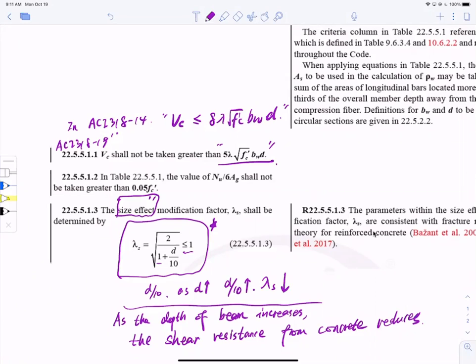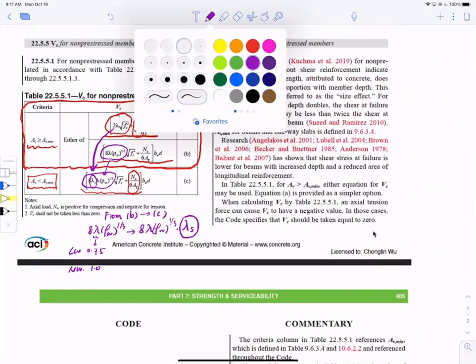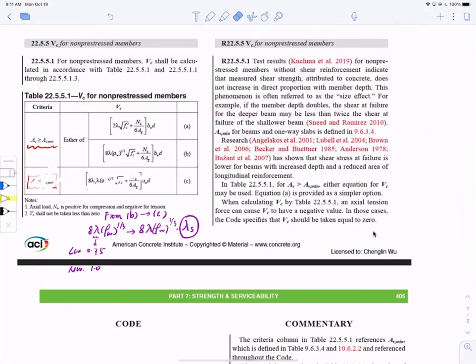But if you want to adopt 19 with the factors, the main difference will be here: when you don't provide any reinforcement at all, now you have to use this 19 code.